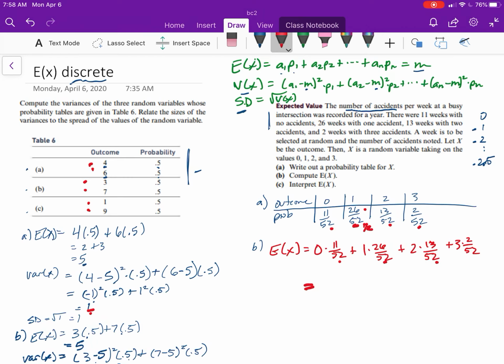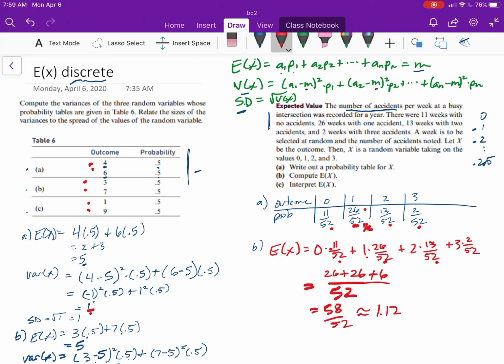So when we add these, I could do 0 times 11, which is 0, I don't need it. 1 times 26, plus 2 times 13, which is also 26, plus 3 times 2, 6. And we get 58 over 52. And if we were to use the calculator, we get about 1.12.